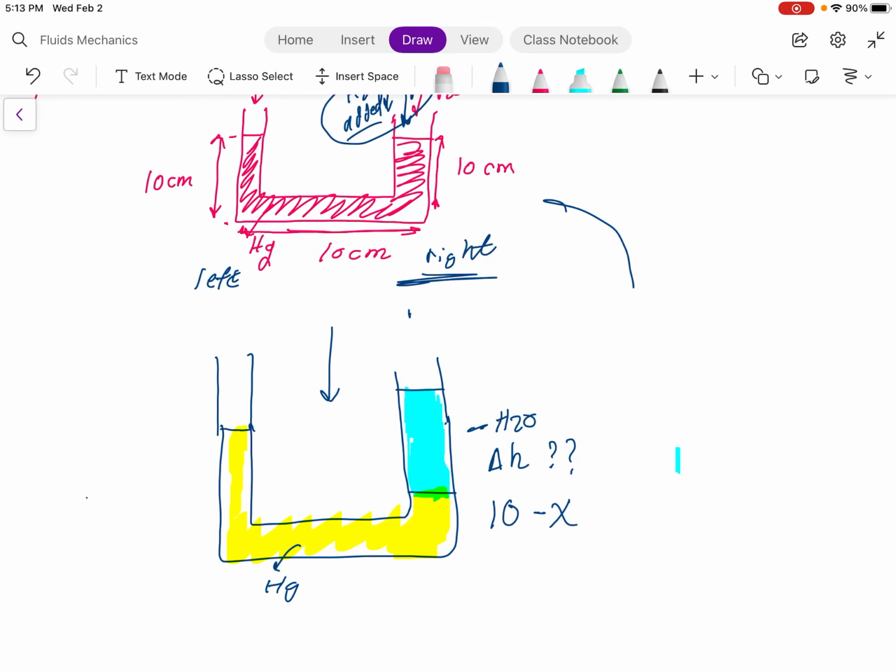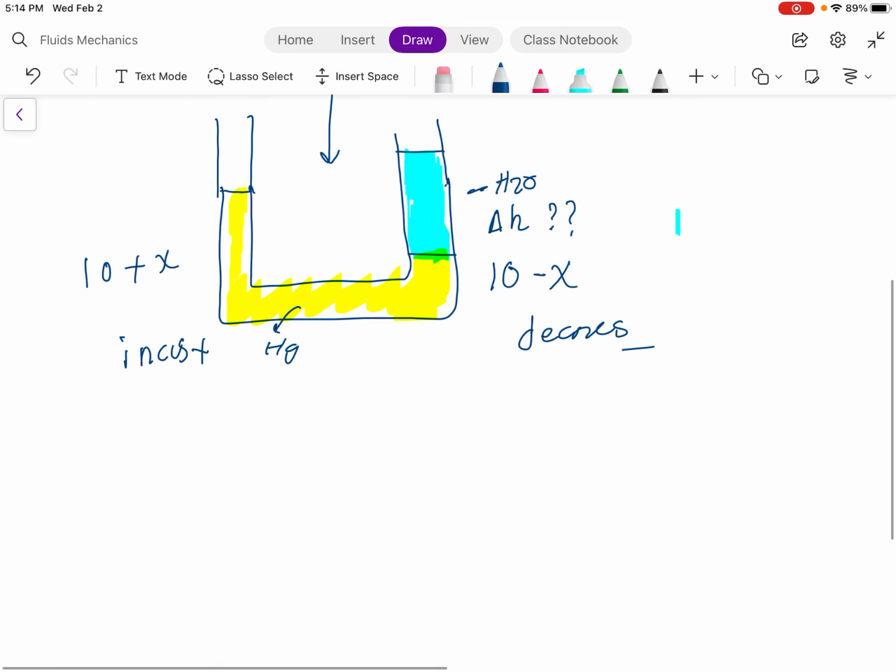So it's 10 plus x, the unknown that we're gonna find. Oh no, it's backward. Sorry. This is decreases, increases.